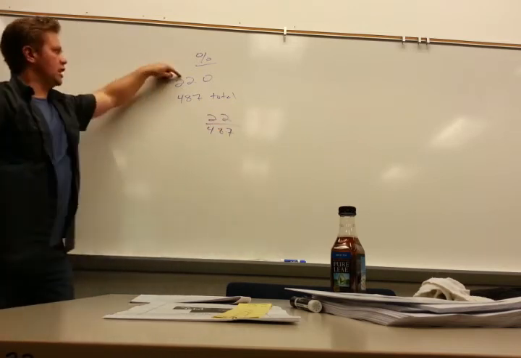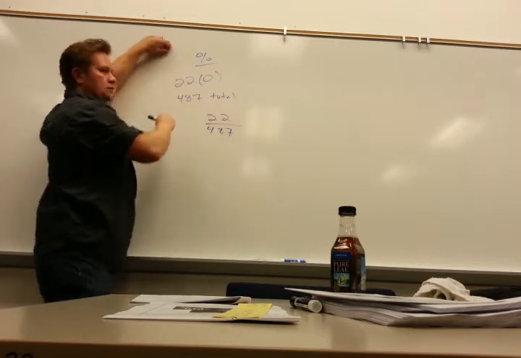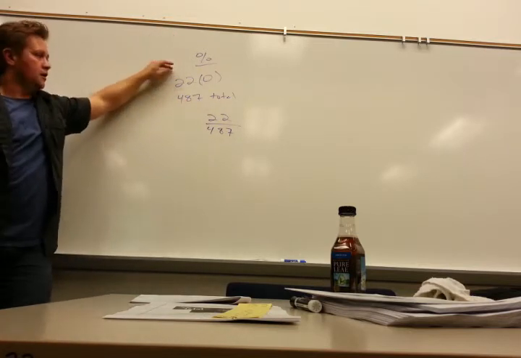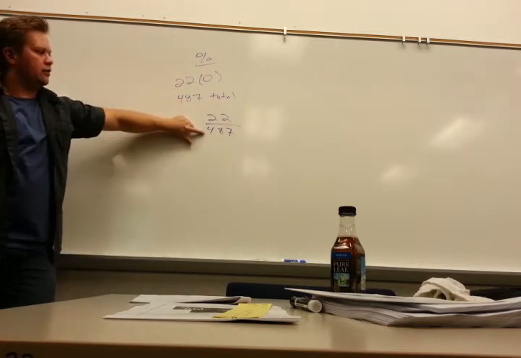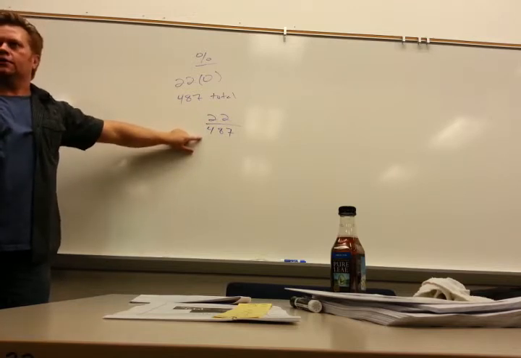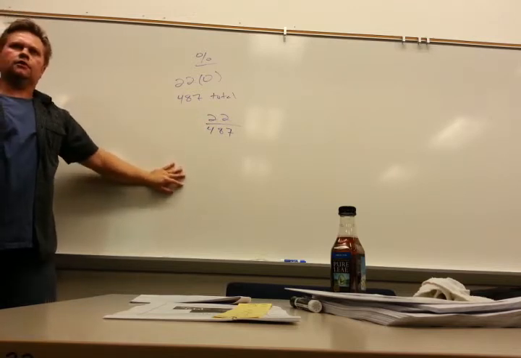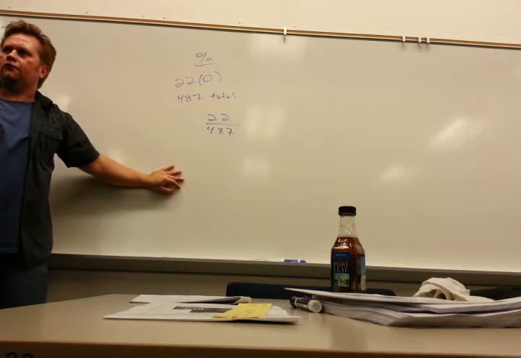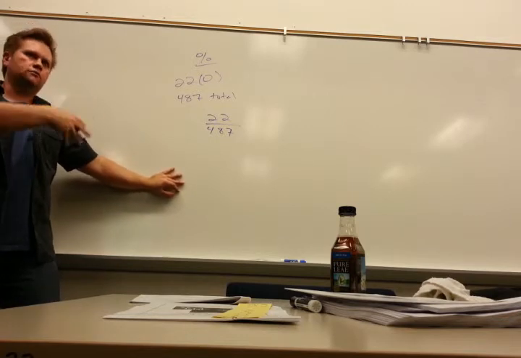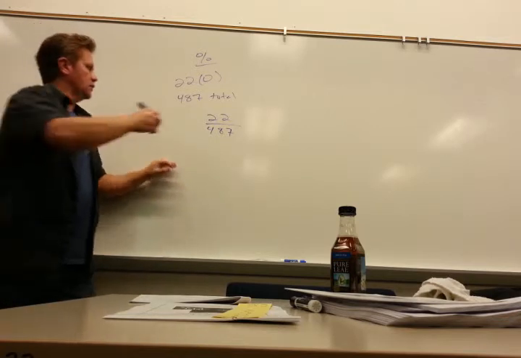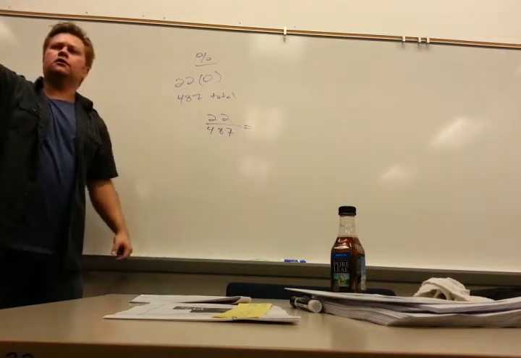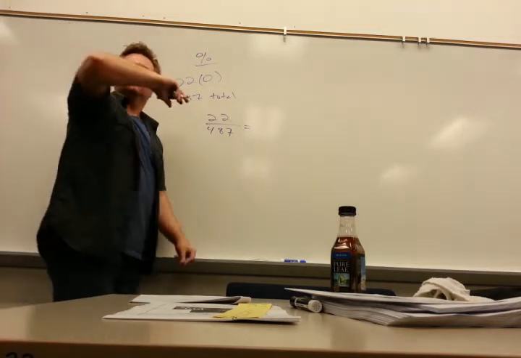If it was 22 out of 100 total, this is the symbol for oxygen, it's not 220, sorry, 22 out of 487, so you divide those. It makes me sad when I see how few people really get that as compared to a few years ago. I don't know what's going on in high school, but when you do 22 divided by 487, you get 4.52%.